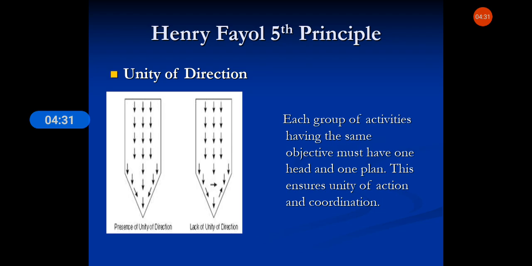That means each and every employee follows the same direction so that they can achieve the goal of the organization. Whereas in the lack of unity of direction diagram, you can see there are various workers who are not following the same direction, which can lead to unorganized activity.